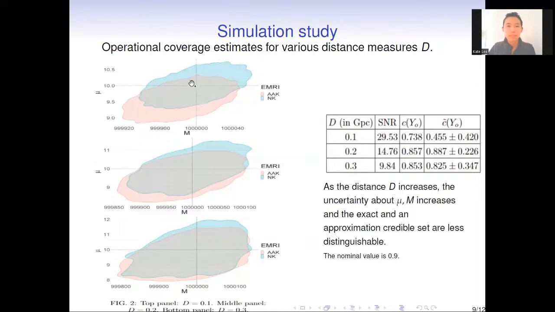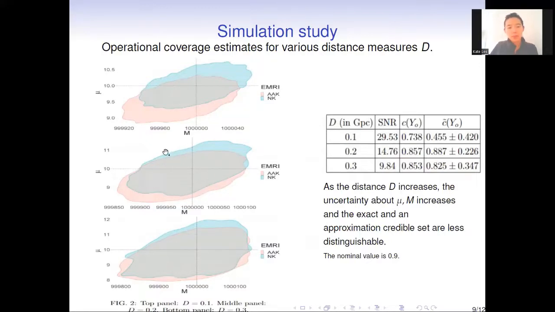As you can see, there's some overlap between the approximate and exact credible sets, but there's some area which does not overlap. The exact credible set is centered at the true value, whereas the approximate credible set is a bit shifted away.